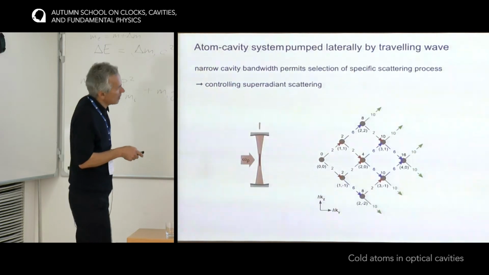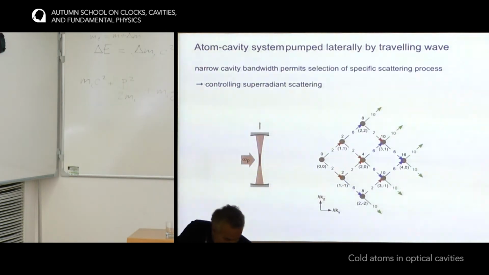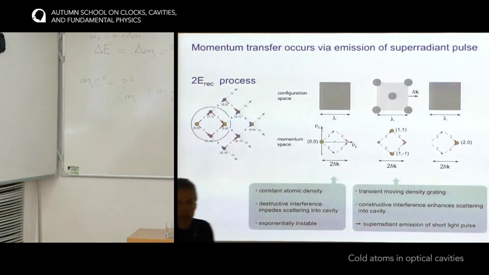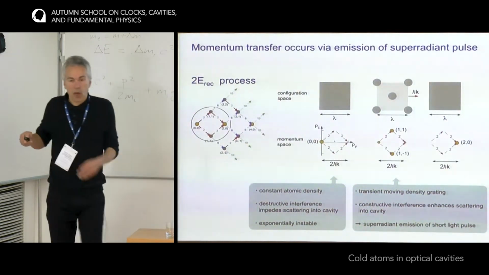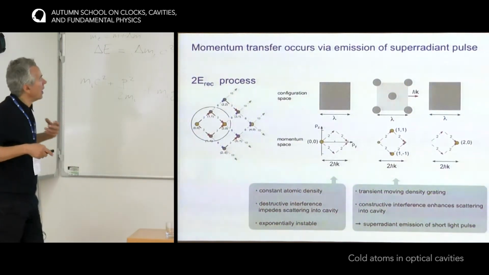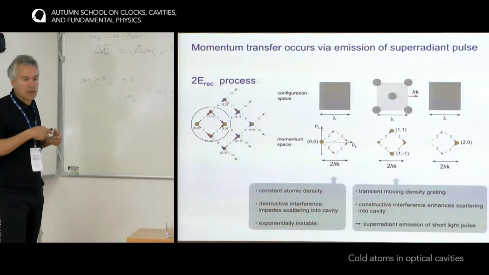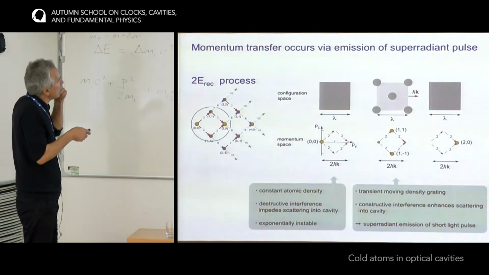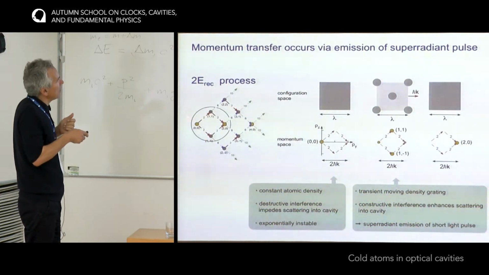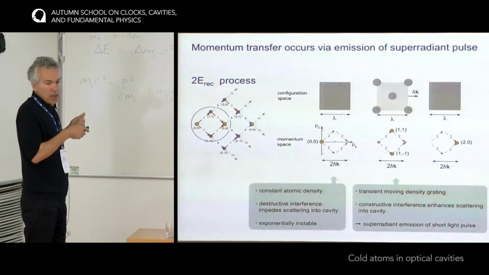And what I want to do is simply show you one example of what you can look at in our system. This is if you tune the cavity to be resonant with a 2 recoil process.